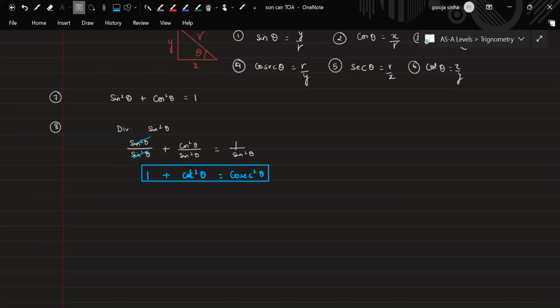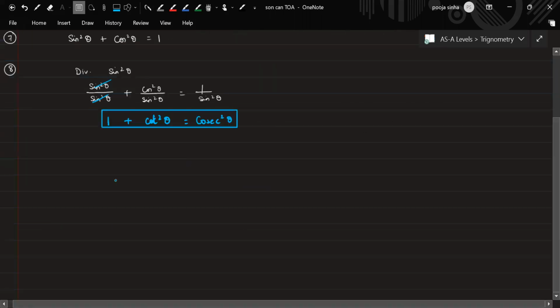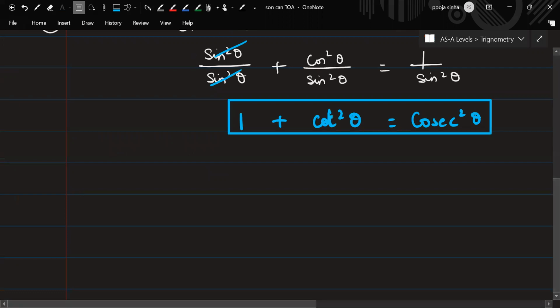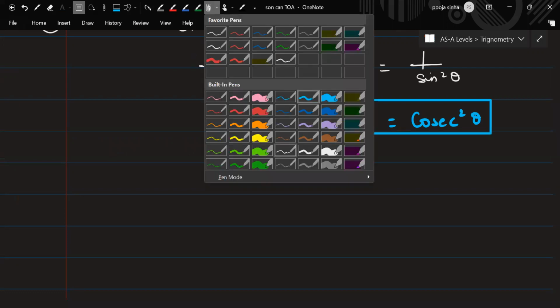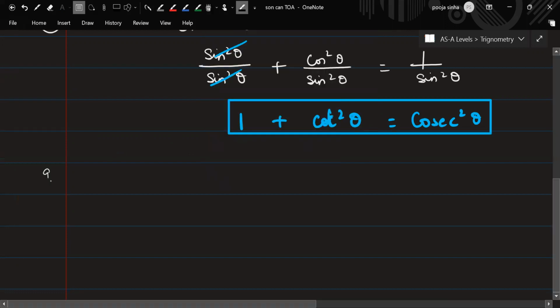This was our 8th. Now we are going to write the 9th one. Again we have sine square theta plus cos square theta equals 1. पहले हमने sine square theta से divide किया था, now we are going to divide this entire equation by cos square theta.